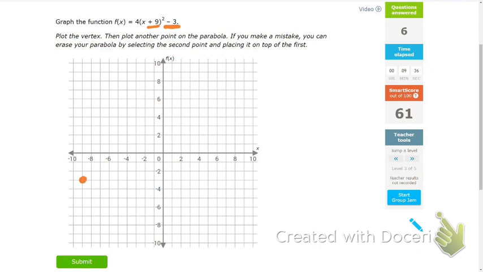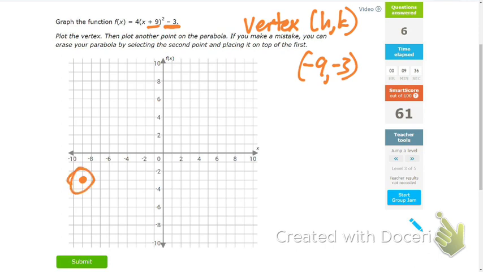In fact, you'll notice that your vertex is always the H and the K, okay? This is your H, this is your K. Now the h here is -9, and the k is -3. So I have -9, -3 for my vertex. And so if you see that, boom, you could put the vertex down right away.